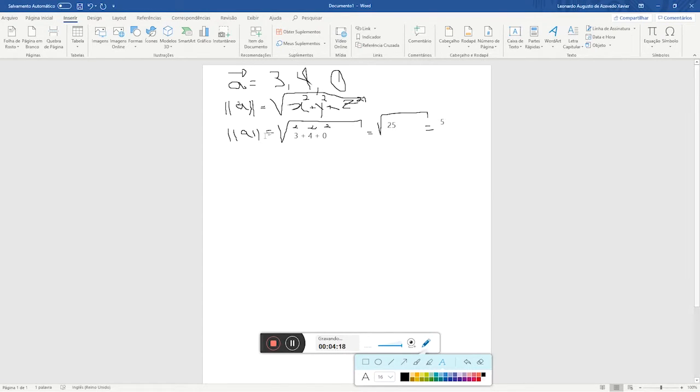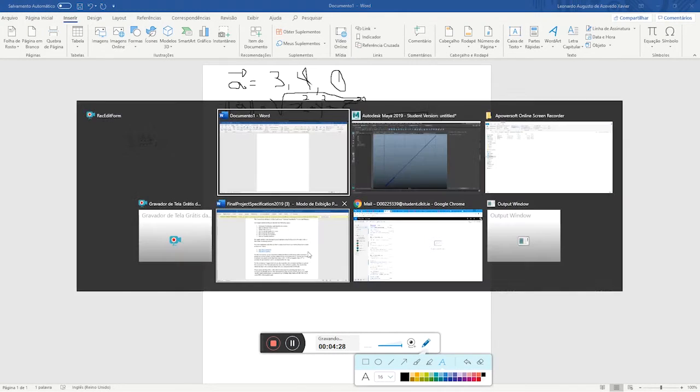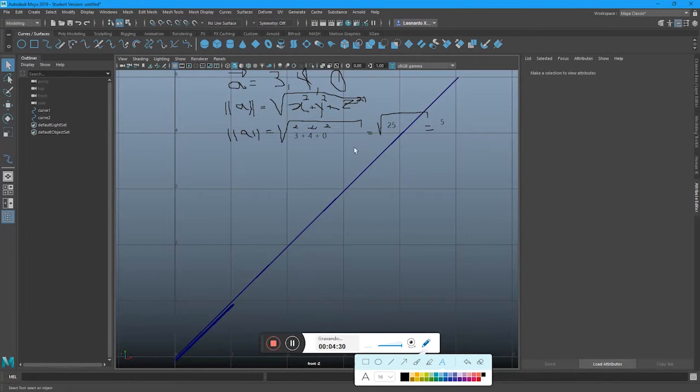So this is the length of the vector, 5. That's the way to find the length of a vector.